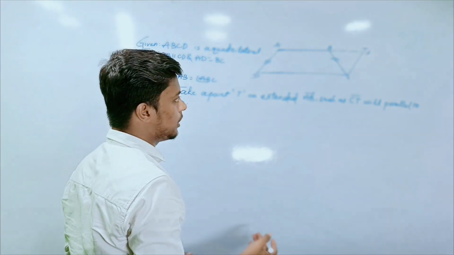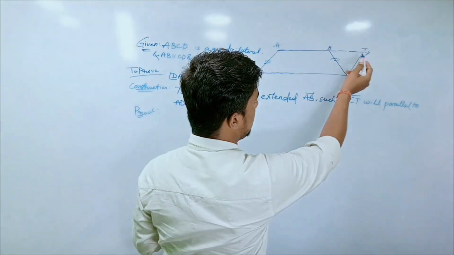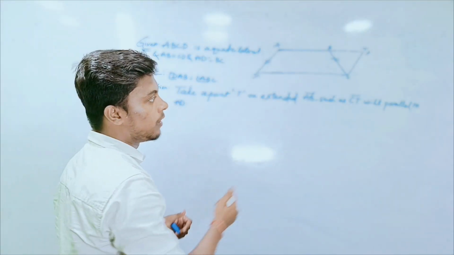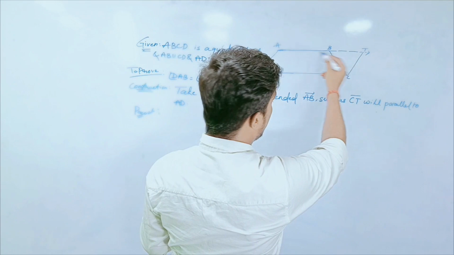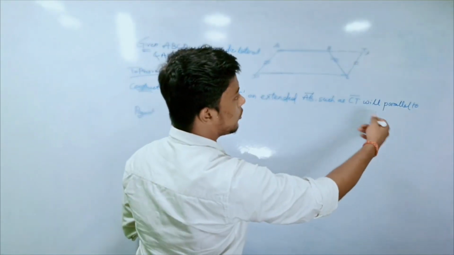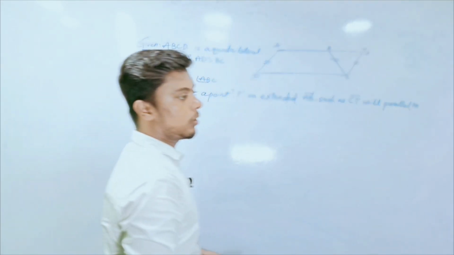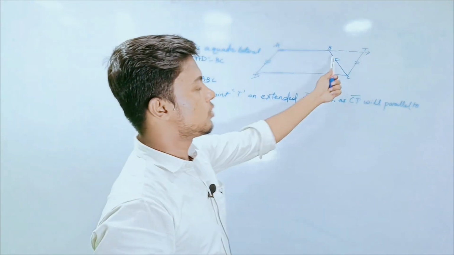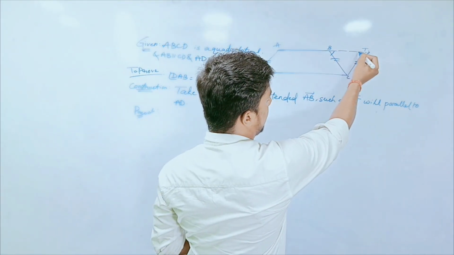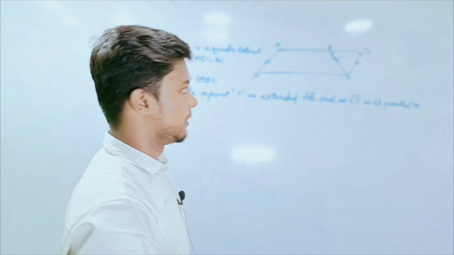We also know that BC equals AD, and AD and TC are equal because they are opposite sides of a parallelogram. So BC and TC are also equal. In this triangle, BC and TC are equal, so the angles opposite these two sides are equal: CBT and BTC are equal.